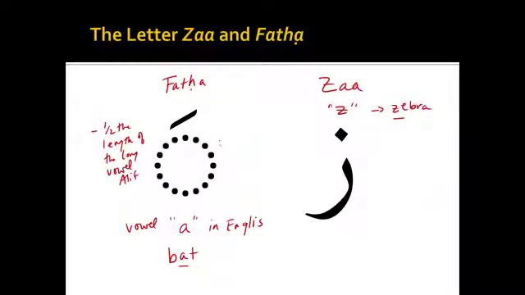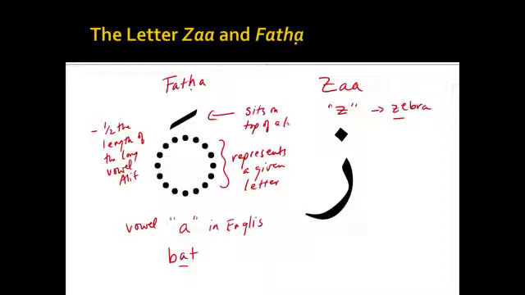And again, this little circle of dots here represents a given letter. So what this means is that the Fatha is a dash that sits on top of a letter.